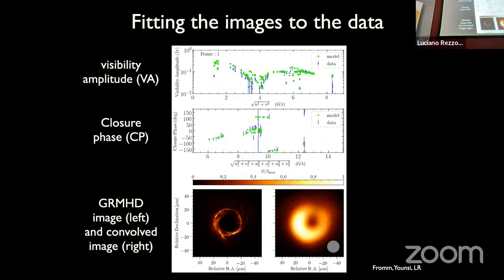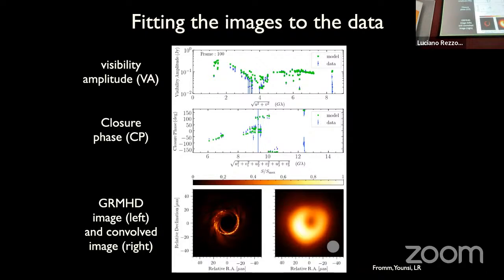These are the real and imaginary part of the Fourier transform. And so the model here is the green point. You can think that this image gives this green distribution, and the blue are the data coming from the image you have recorded. So what you do is you scan through your simulation, you produce varying model points, and then you do a chi-squared statistics of which image fits your observations best.